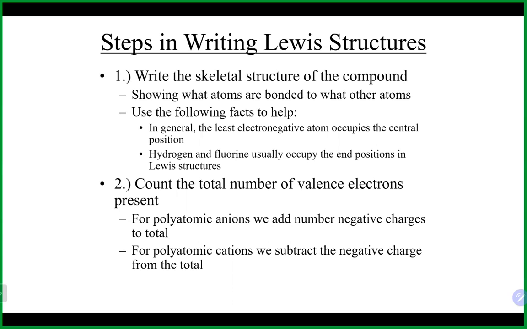So how do you know who should go in the middle and who can go on the outside? The general rule you should follow when drawing Lewis structures is that typically the least electronegative atom is in the center. So again, the one that has the least electronegativity is usually the guy in the middle. That means that we will never find hydrogen in the middle because hydrogen should have how many electrons? 2 and only 2, which means if you put it in the middle, it's going to have way too many electrons.